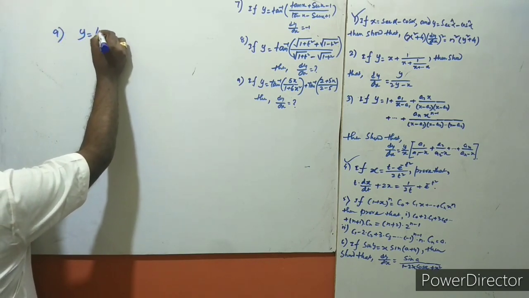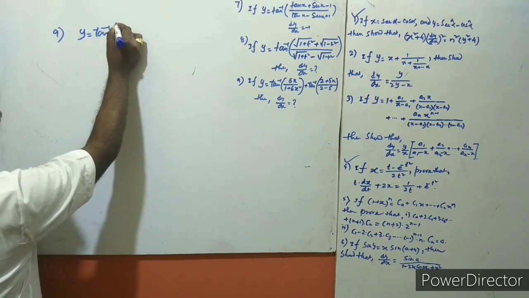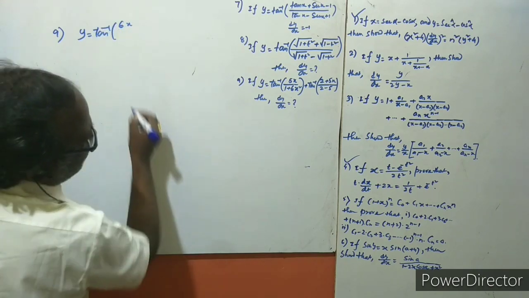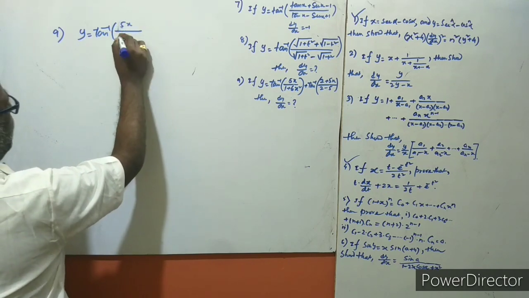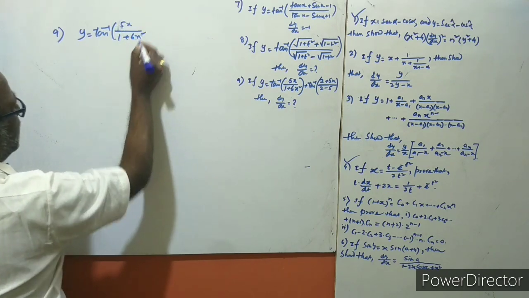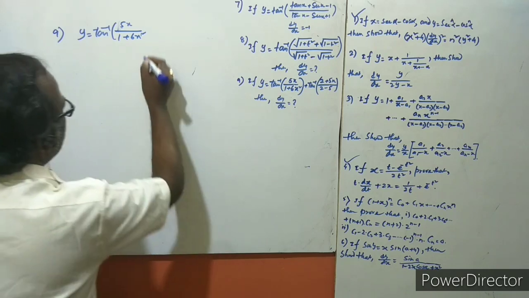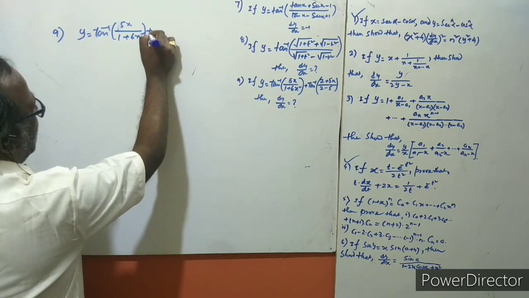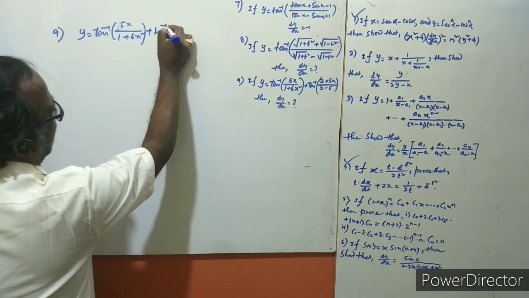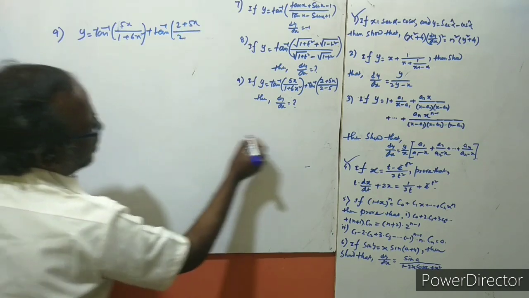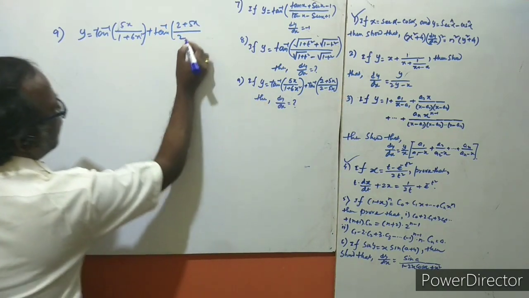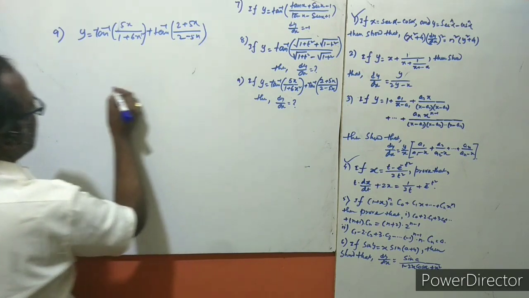Y is equal to tan inverse of 5x by 1 plus 6x square, plus tan inverse of 2 plus 5x by 2 minus 5x.